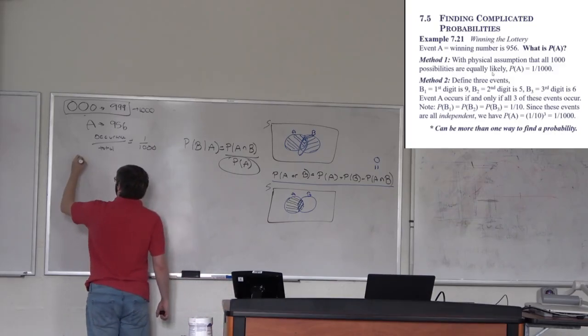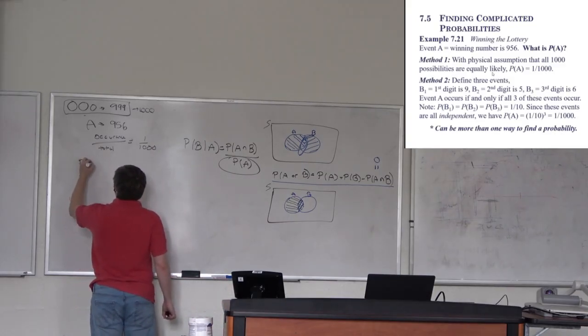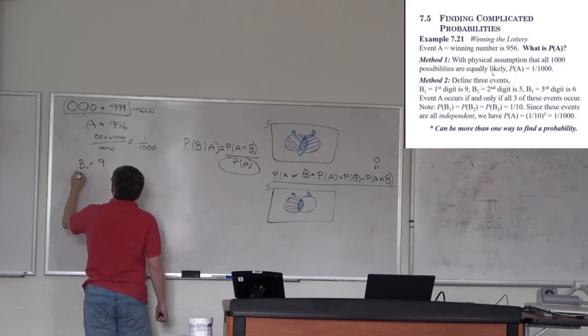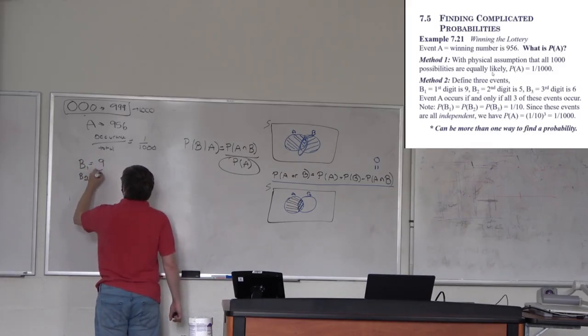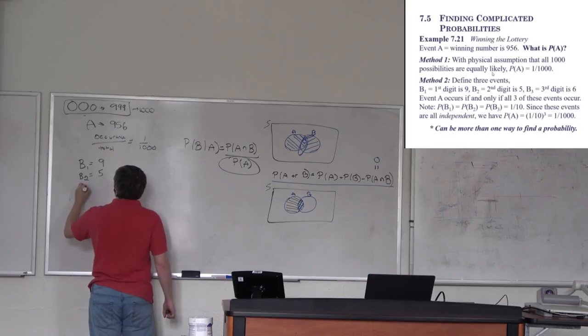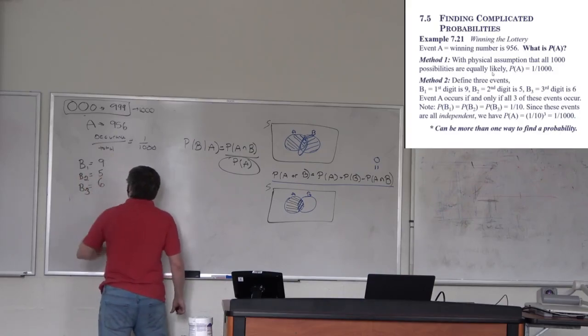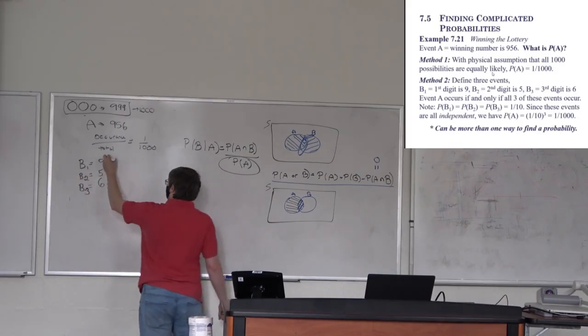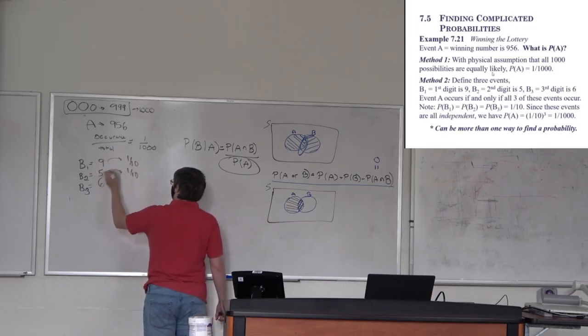However, you can have B1 be the first digit is 9, B2 the second digit is 5, and B3 the last digit is 6. This happens 1 out of 10 times, this happens 1 out of 10 times, and this happens 1 out of 10 times.